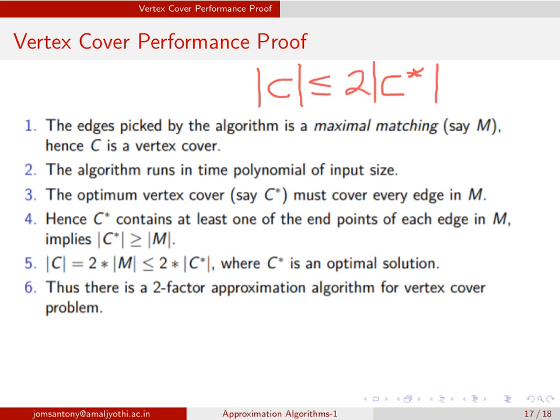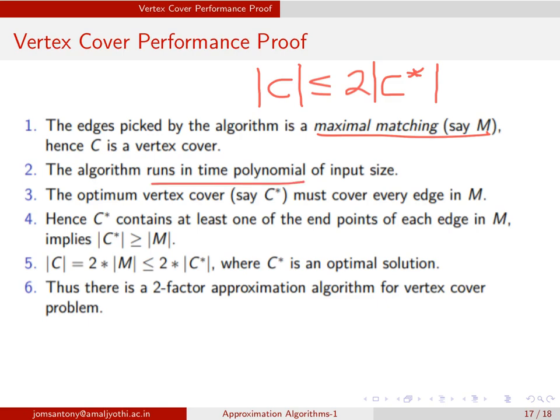Now let us try to understand its proof. We have already made it very clear that the vertex cover chosen by our approximation algorithm will always be a maximal matching. It is also known that the algorithm runs in polynomial time.